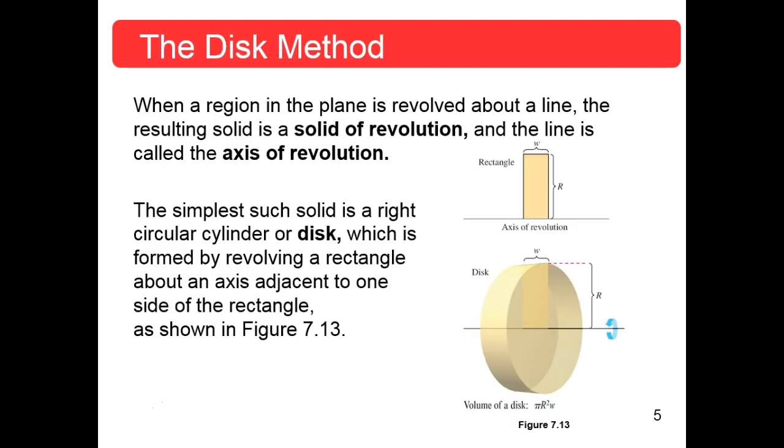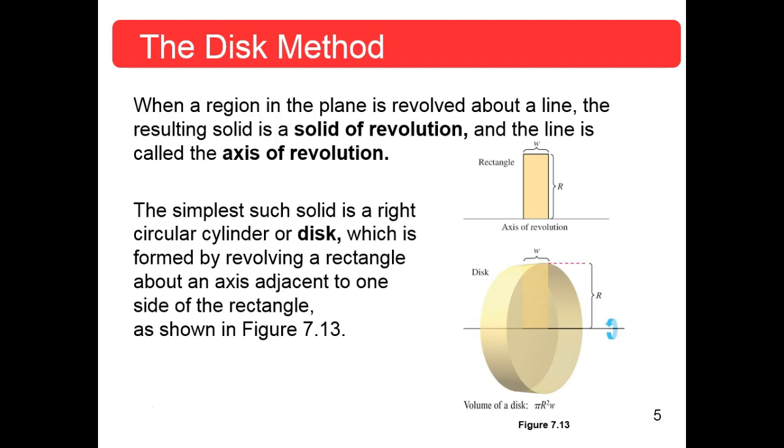Let's start with the disk method. All right. When a region in a plane is revolved about a line, the resulting solid is a solid of revolution. So think of this. Here's a line, and this region is a simple rectangle.